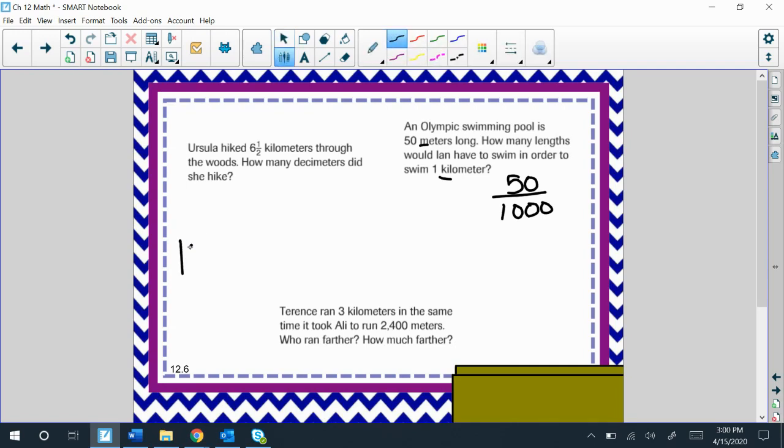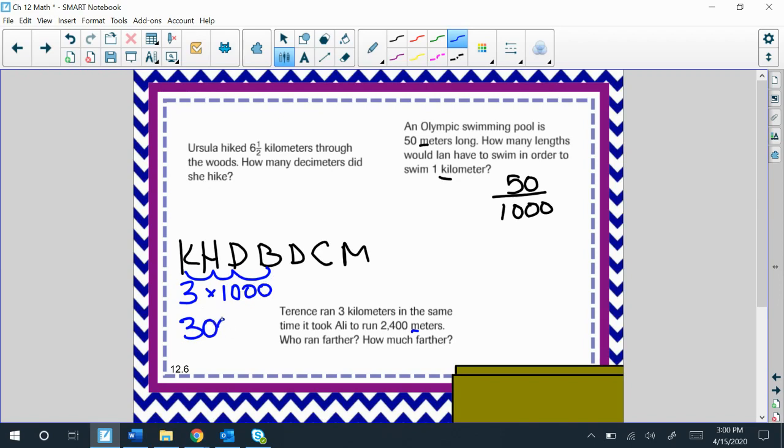I have my saying, King Henry died by drinking chocolate milk. I'm going to put my kilometer under the 3, and I'm going all the way to my base. Meter, 1, 2, 3. Okay, 3 times 3 zeros equals 3,000.